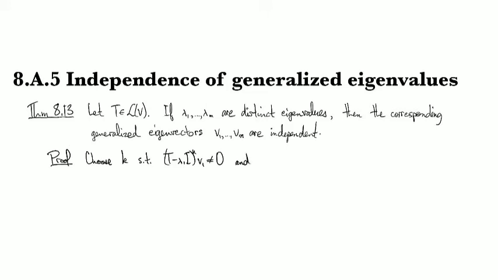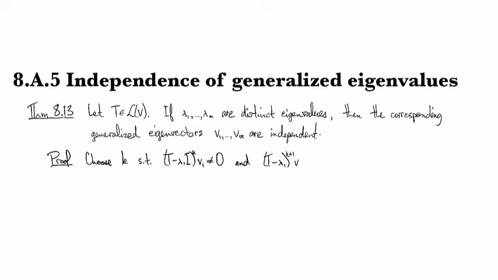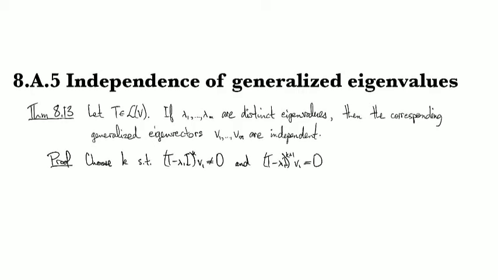But if we do it one more time, then it is 0. In other words, we know that if you apply T minus lambda 1 I to v1 enough times, it's going to get killed. And so k is the largest number of iterations that you can do before killing it. So one more will kill it.